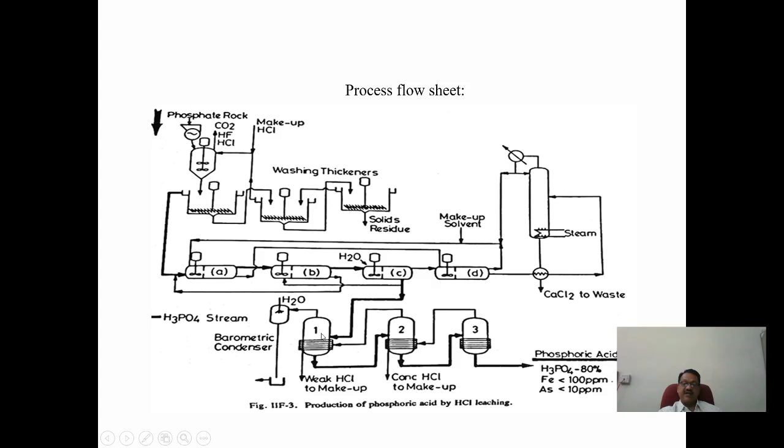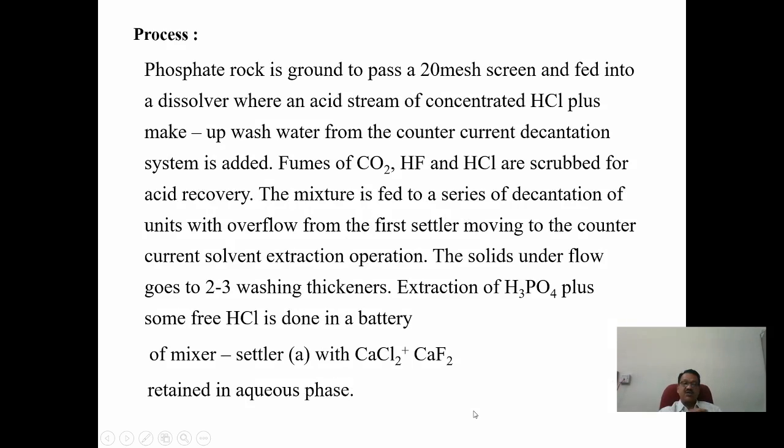The hydrogen chloride gas, weak hydrochloric acid, is separated as overhead in the first effect evaporator, and in the second effect evaporator, concentrated hydrochloric acid is separated, which is used as makeup in the conversion of rock phosphate into phosphoric acid, and finally the concentrated phosphoric acid is taken out from the bottom of the third effect evaporator as a product. And the process goes like this.